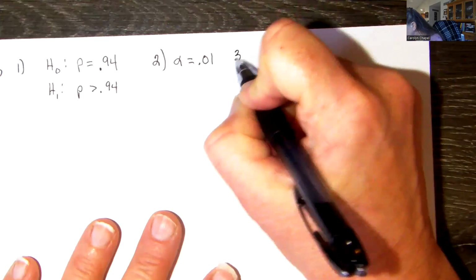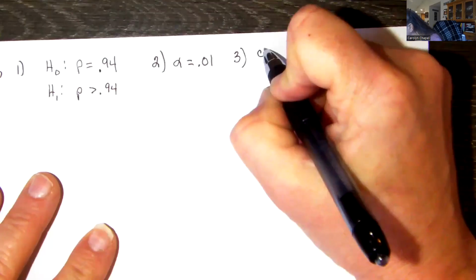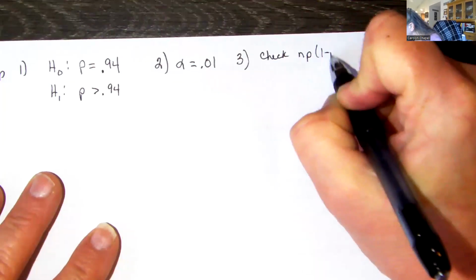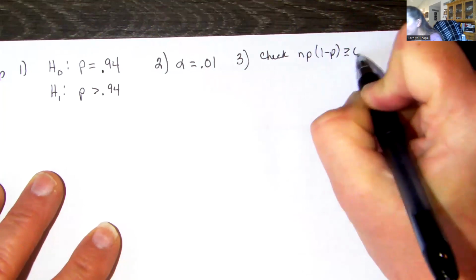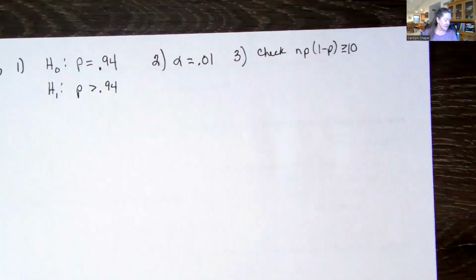calculate our test statistic. Now, before I even go there, I probably should make sure that I can use my test statistic. So I'm going to first check, make sure that my n times p and n times 1 minus p are bigger than or equal to 10. Just to make sure.